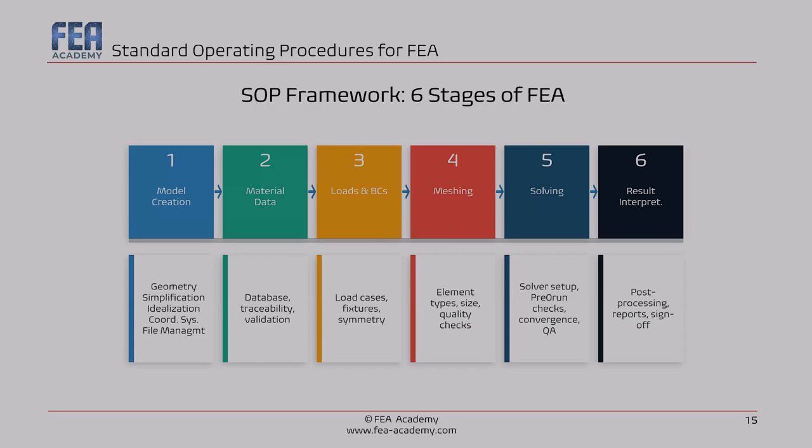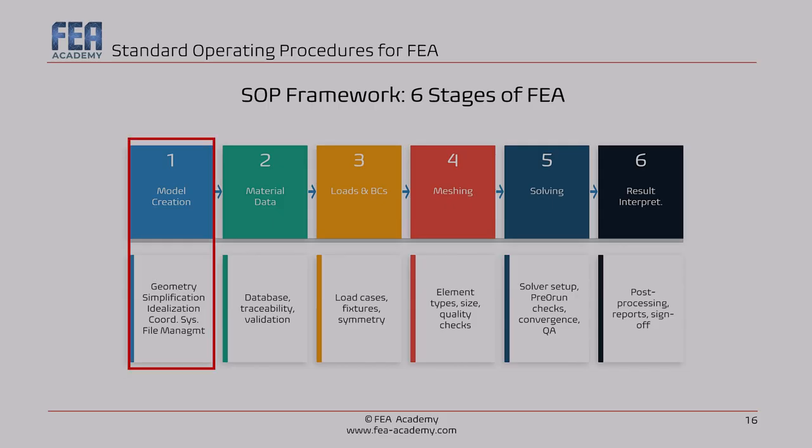A wrong unit system, for example, if I come back to the example at the beginning, in model creation doesn't just affect the model, it affects the mesh size, the load magnitudes, the solver tolerances, and so the results, okay? The errors compound. And this is why SOPs must exist at every gate, not just at the output. A QA check at stage 6 cannot catch an error introduced at stage 1, okay? You need upstream intervention.